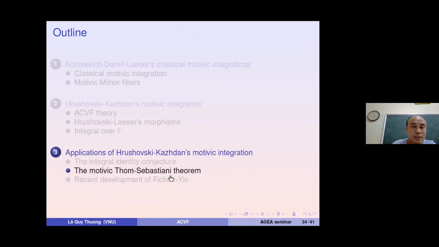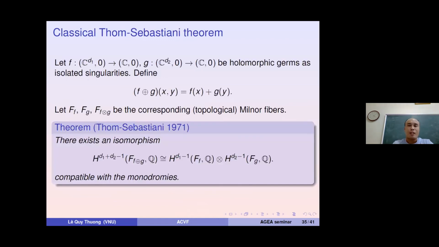Now the second application is a new proof of the motivic Thom-Sebastiani theorem. The classical version of this theorem concerns the monodromy of singularities of the form f(x) plus g(y), where x and y are separated variables.